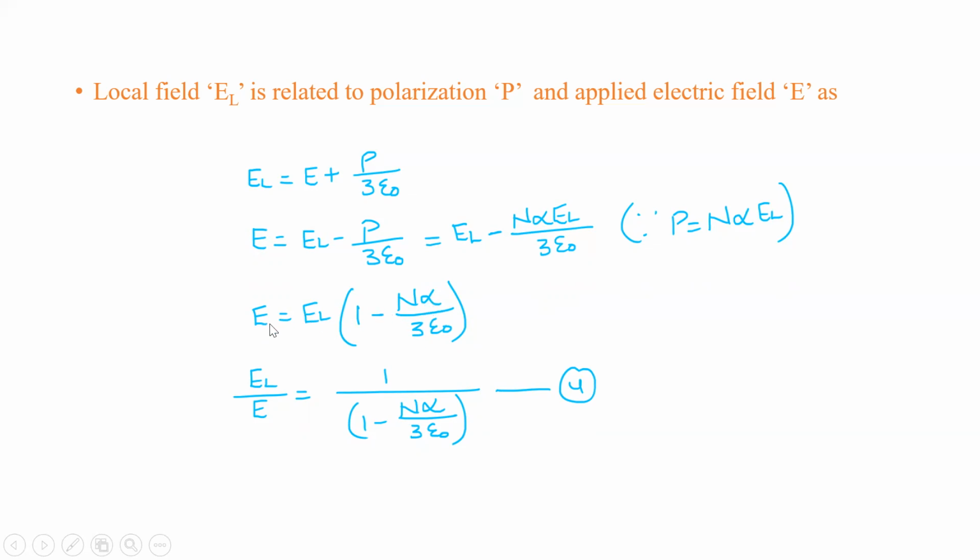If we take E to the numerator side, then El depends on the applied field E, and the other thing it depends on is alpha, the polarizability of the atom. So based on this, we can say that the local field depends on the applied field as well as the internal electric field. The internal electric field corresponds to the polarizability alpha.